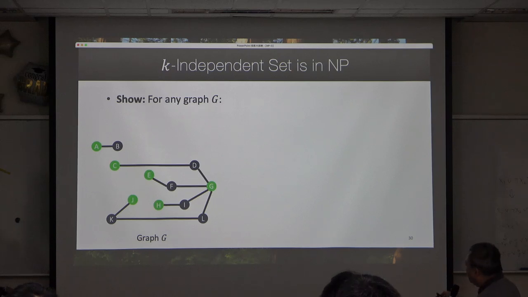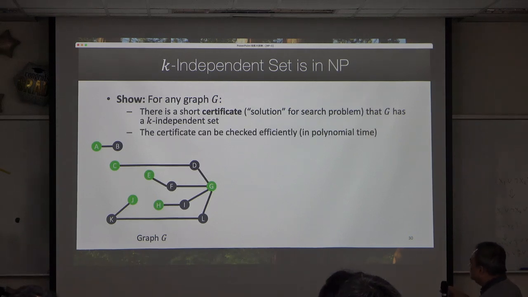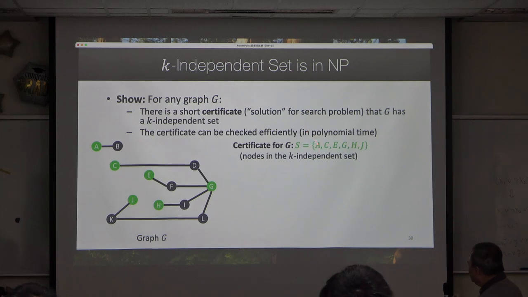Then we need to show it is in NP. If you are given a possible solution, we need to be able to verify this is an independent set.